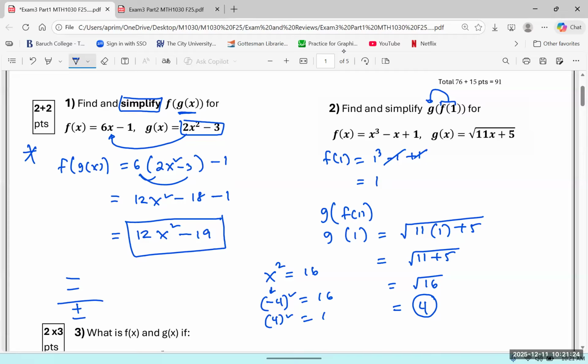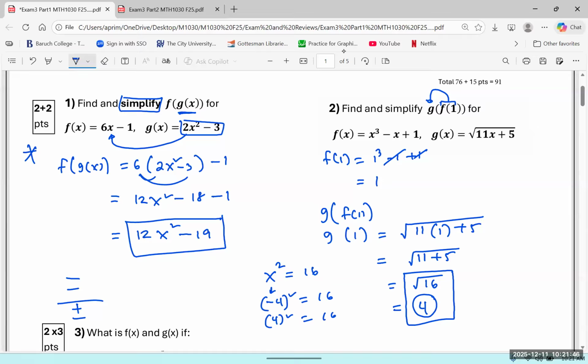Positive 4 squared is 16. So when you're solving for a variable, you don't know the variable, then you have plus minus option. But when you already know it's square root of 16, square root of a number is always positive. It can never be negative. So you don't have two choices. You have only one choice, plus 4, not minus 4.